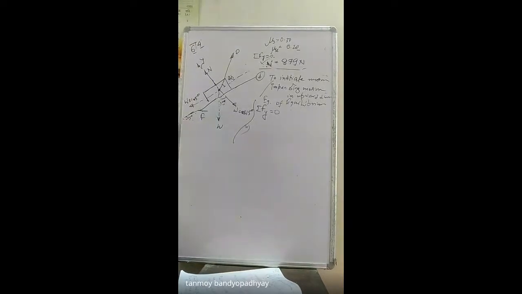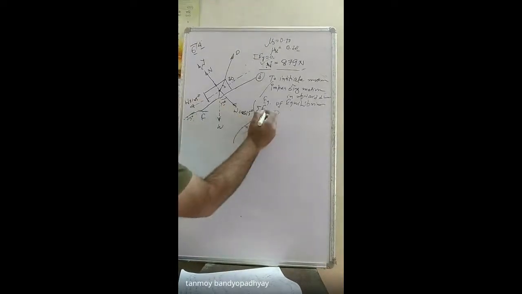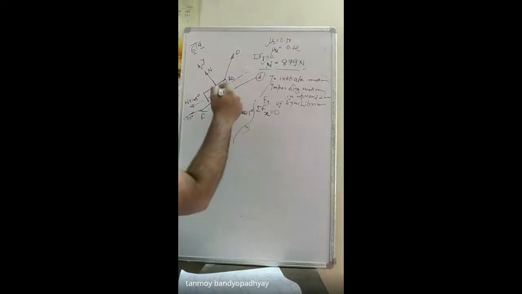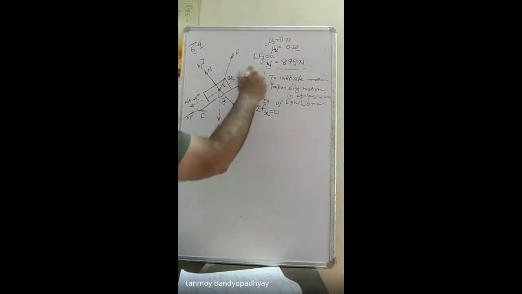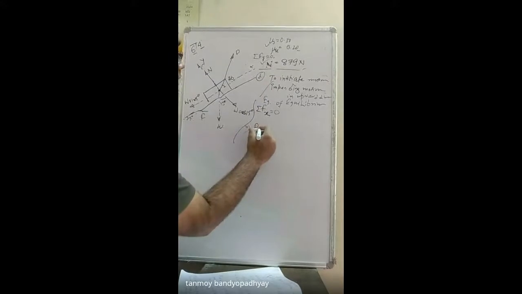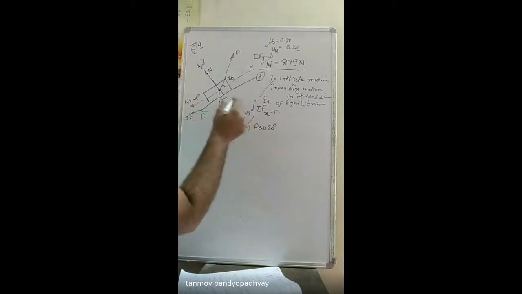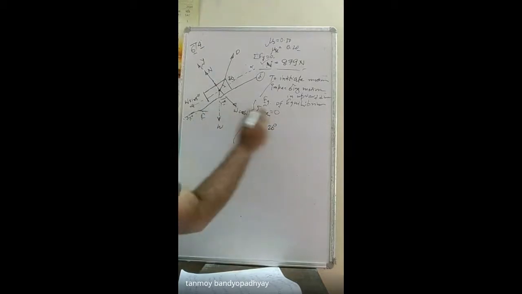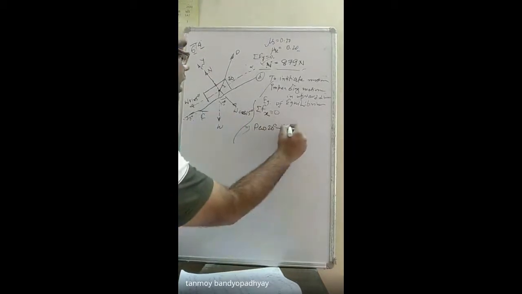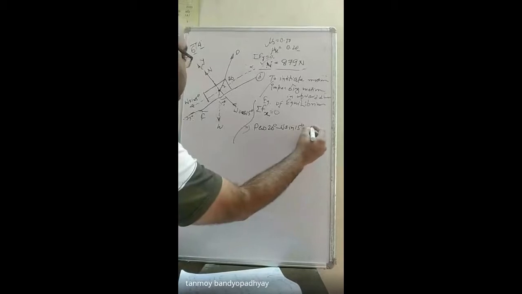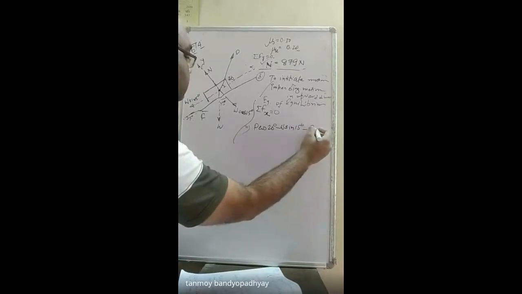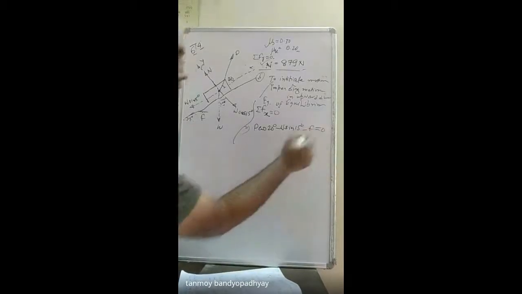What are we adding in the X direction? In the positive x direction we have P cos 20 degree, and F is in the downward direction. So P cos 20 minus W sin 15 minus F is equal to 0.